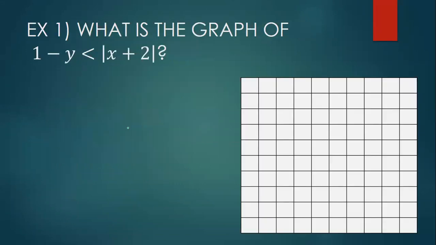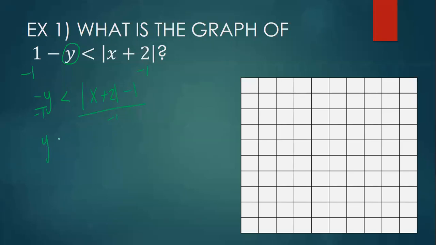Okay. So here, following step 1, we need to get y by itself. So in order to get y by itself, we're going to subtract 1. That gives us -1 is less than the absolute value of x plus 2 minus 1. We're going to divide by -1. Well, when we divide by -1, what happens to our inequality? The sign flips.